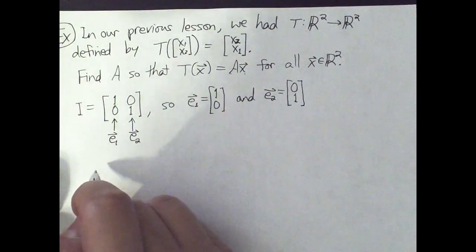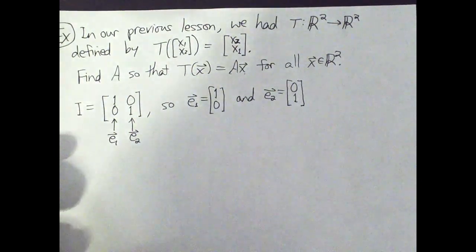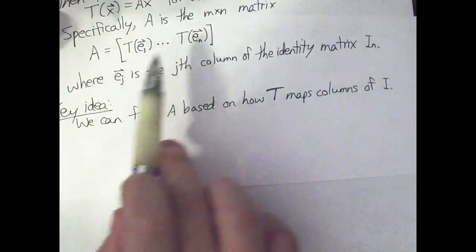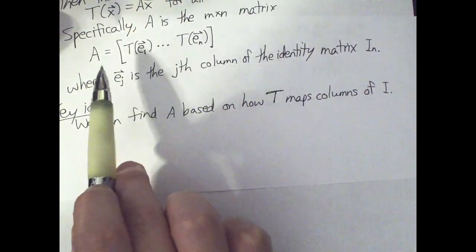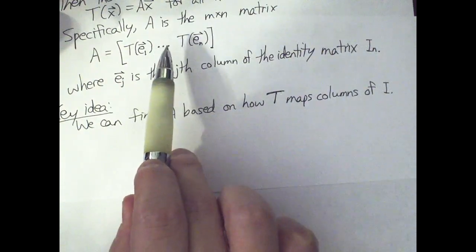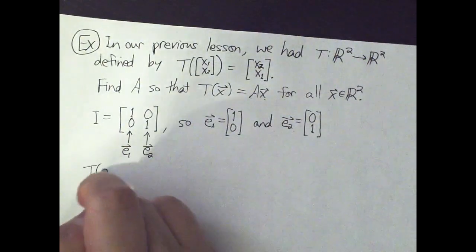Okay, so the theorem says that A is equal to this. So all we need to do is find T applied to e1 and T applied to e2 and put them together. Let's find T applied to e1.